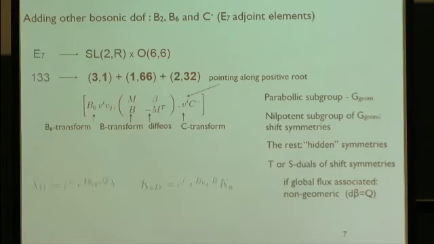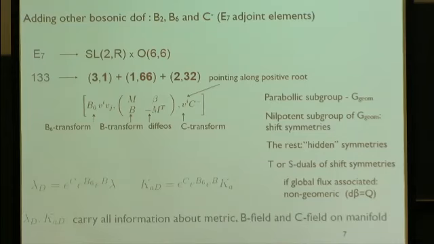So now if I build this dress by spinor, e to the B, e to the B6, e to the C, on lambda and K, these objects carry all the information about the metric, the B field, and the C field of the manifold. And these are the objects that appear in the effective action in 4 dimensions. So in particular, let's look at the moduli spaces, and let's first just do generalized geometry.